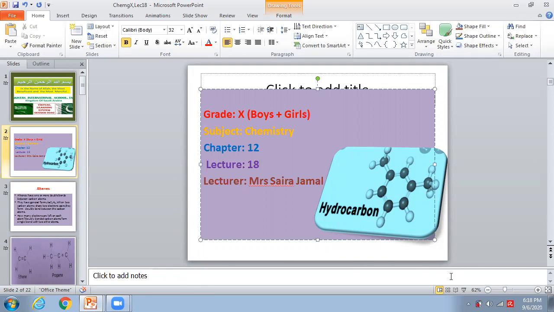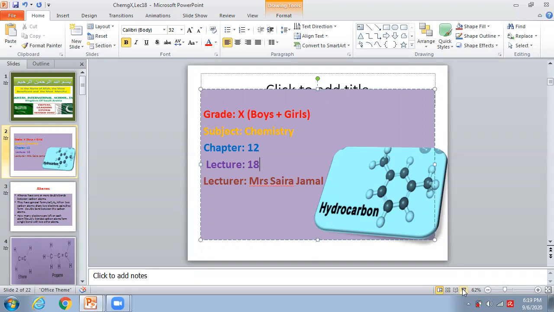As I told you, alkenes are called unsaturated hydrocarbons, and they have a carbon-carbon double bond. The main important thing is that the presence of at least one double bond is compulsory. The rest of the bonds, if they are single bonds, is no problem. And how can we prepare alkenes?